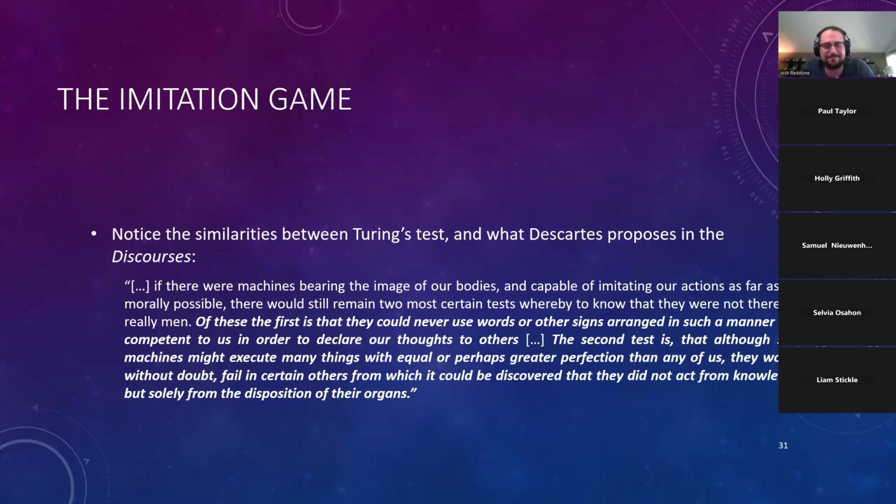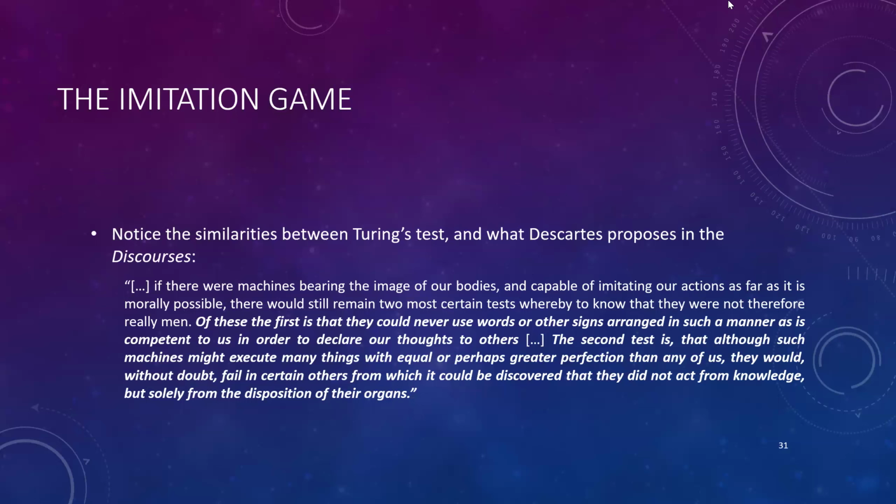Anyway, the Turing test is also quite Cartesian. So look at this, for example. This is what René Descartes says in the Discourse on the Method. If there were machines bearing the image of our bodies and capable of imitating our actions as far as it is morally possible, there would still remain two most certain tests whereby to know that they were not therefore really men.